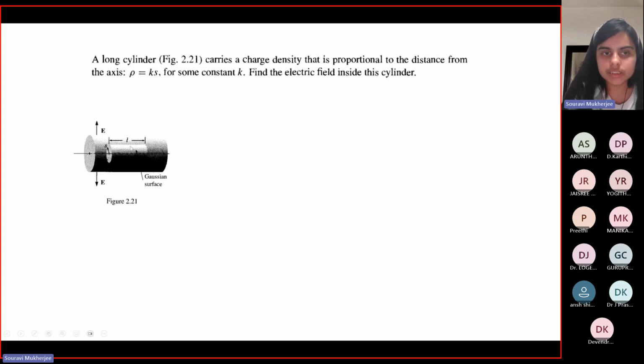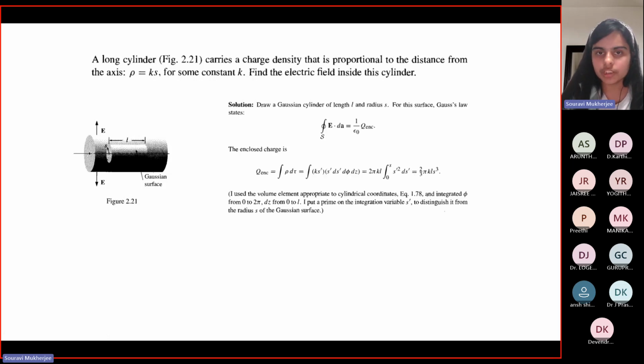So how do you do it? You actually consider a Gaussian cylinder, okay, and try to use Gauss's law based on what is the charge that is enclosed, right? So if you consider a Gaussian cylinder of some length L and some radius S, right?